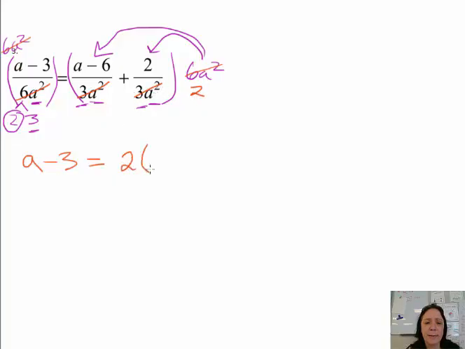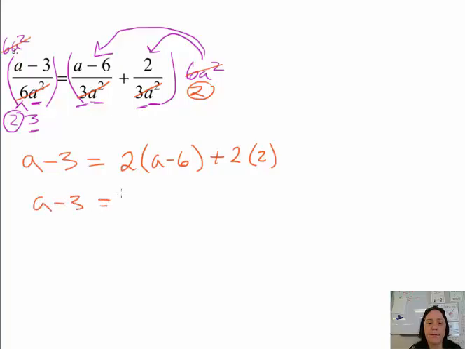So I have 2 times (a minus 6), because I still have this factor of 2 that needs to distribute, plus 2 times 2. Now I can just do my further distribution here, and now I need to clean all up. So 2 times a is 2a, 2 times negative 6 is minus 12, plus 2 times 2 is 4.